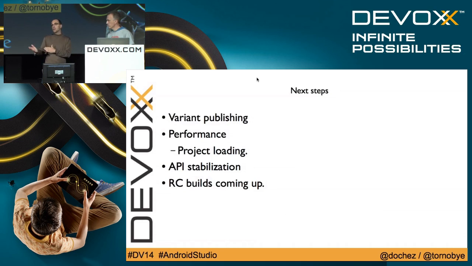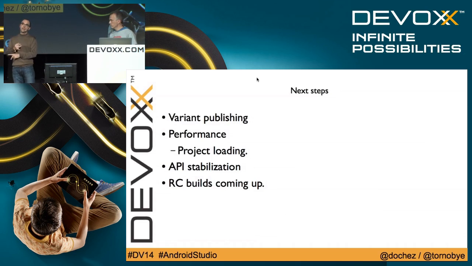But if you're not using this new build system yet, if you're still using Ant with Eclipse, for instance, now is a good time to switch, because as I said, the API is becoming very stable. We think we're getting ready. We think you have many more features than you used to. So it's a good time to start. We can't guarantee there are no bugs left, but since it's an RC, I think it's a good time. I think we're pretty close. So please download everything. It's all available, and I think we're done.